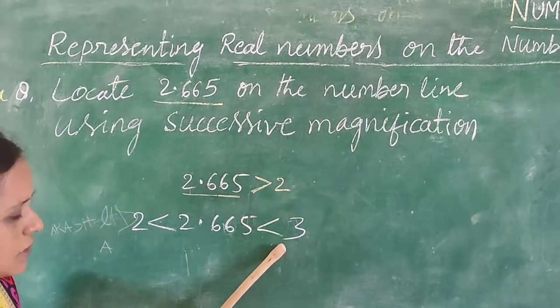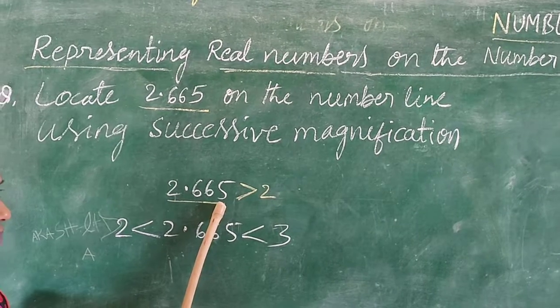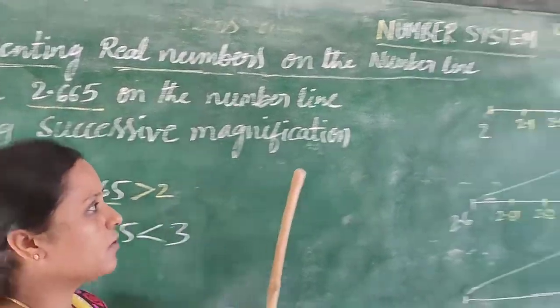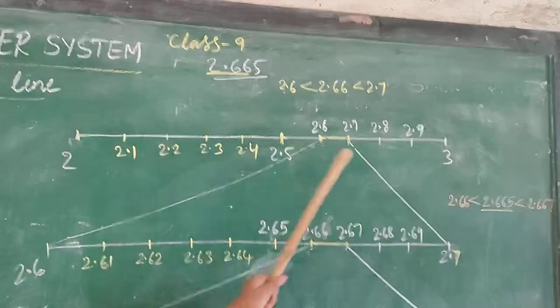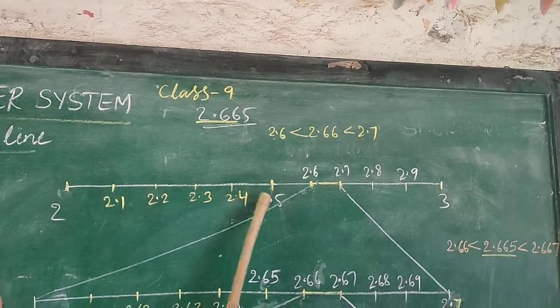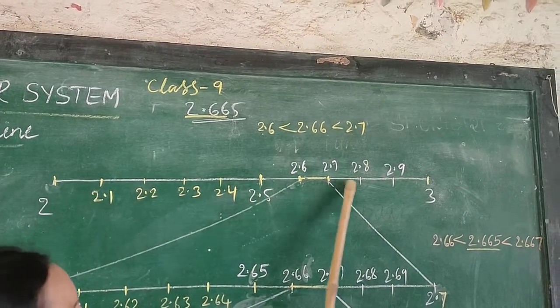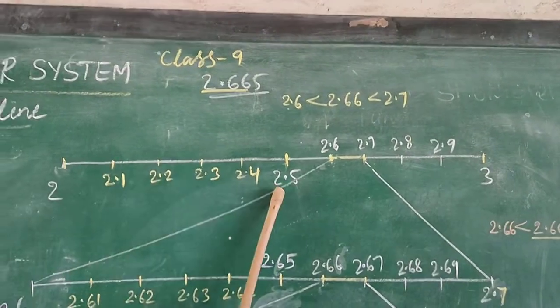So, first, how to mark this 2.665 on the number line? First, we draw a number line in between 2 and 3. This line can be divided into 10 equal parts. The middlemost part is exactly 2.5.